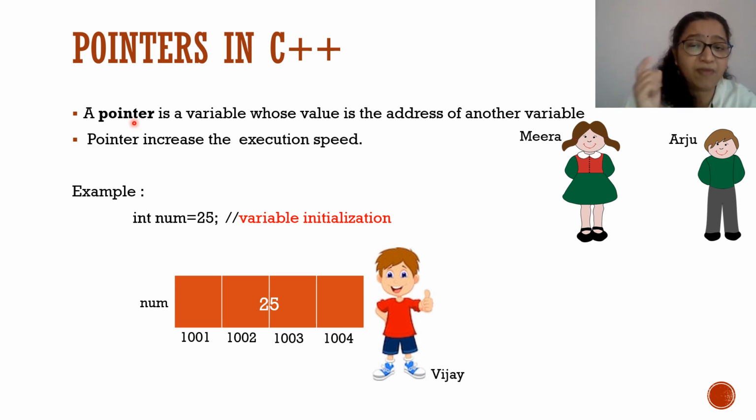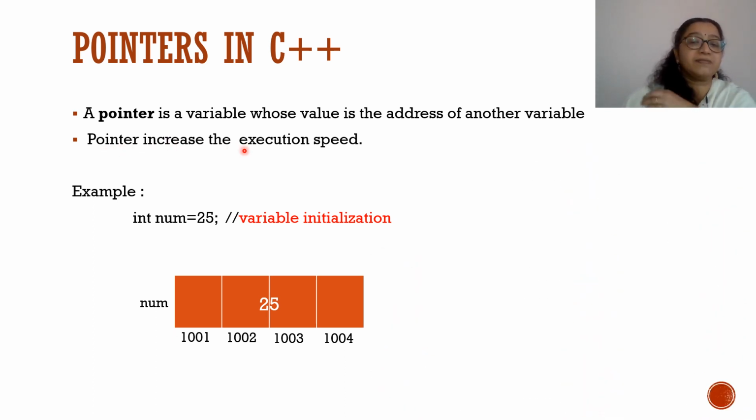Then the computer has to find out the location, then we will get the values. But through pointer, we will get the correct location where that block of A is. So we will get the answer very easily. That is the duty of pointer. That is the second point. Pointer increases the execution speed.